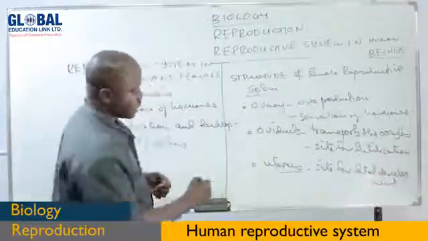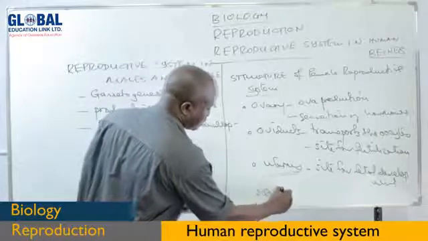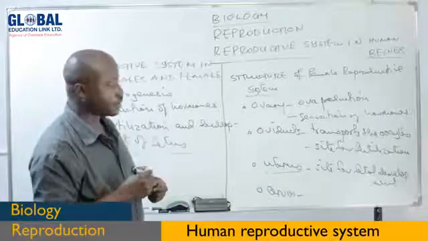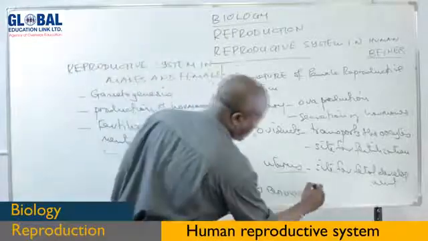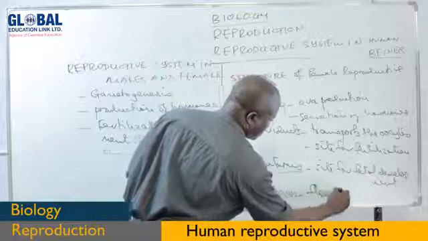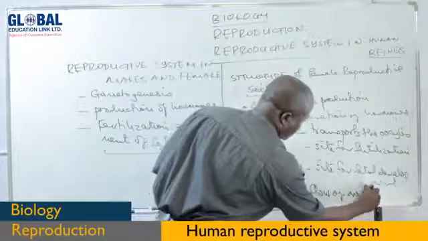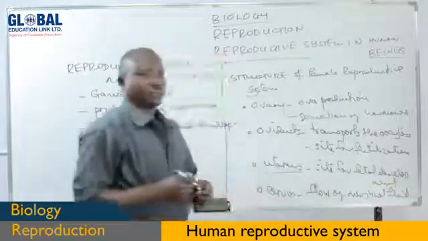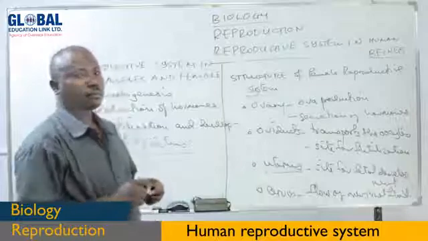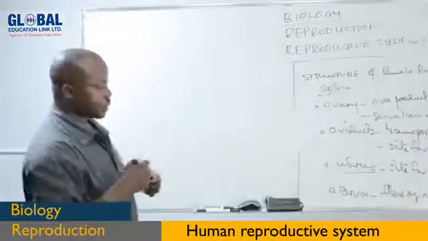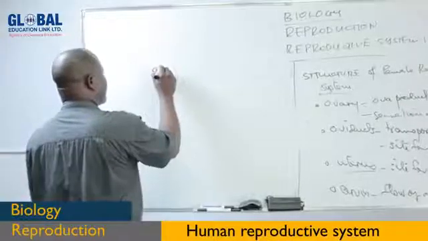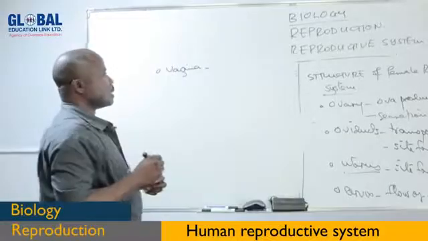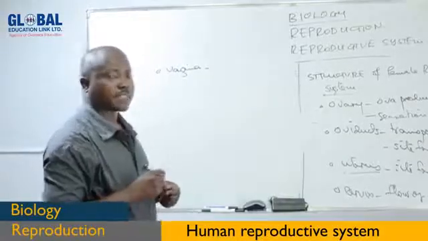Another structure is the cervix. The cervix allows the flow of the menstrual fluid. Next structure is the vagina. This is also known as the birth canal.